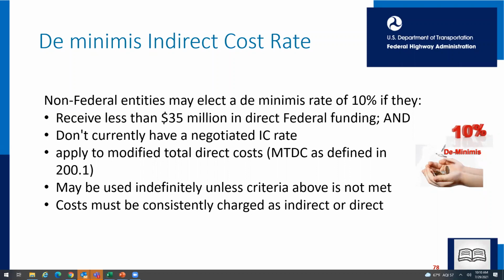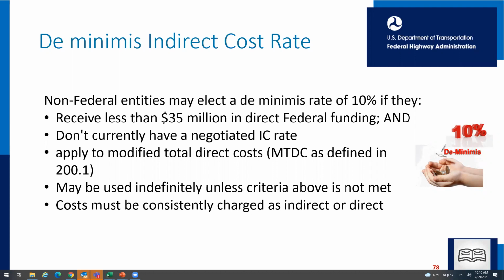The important part to remember on a de minimis is you cannot charge the 10% to these excluded items. That would be equipment. So whether it's a capital purchase of equipment or if it's an equipment rate, you cannot charge the 10%. Any capital expenditure, you cannot charge 10%. In Federal Highway Administration, a contractor payment, because that contractor is being hired to improve an asset, the roadway, contract payments are capital expenditures.